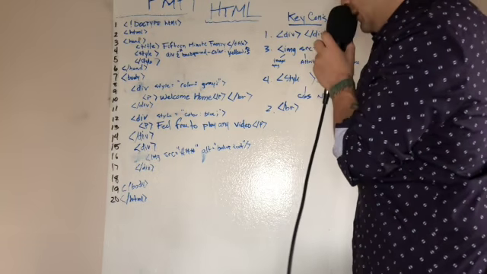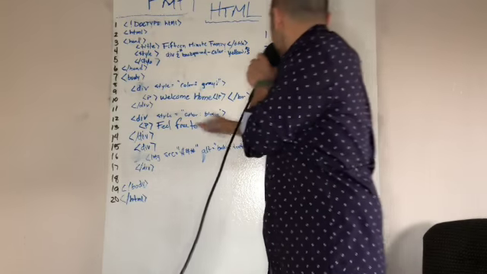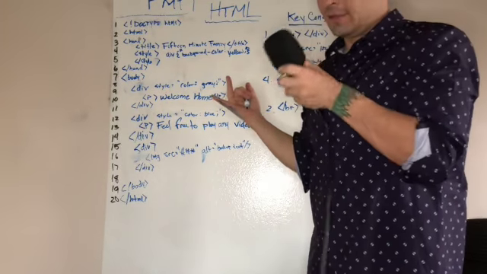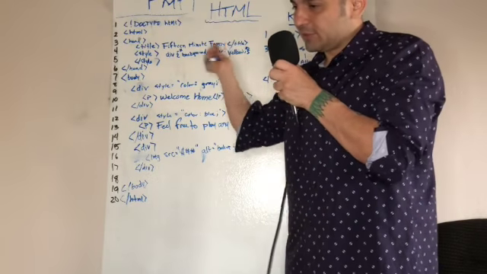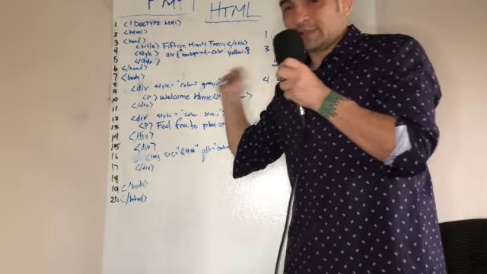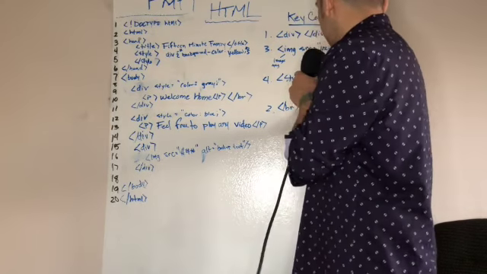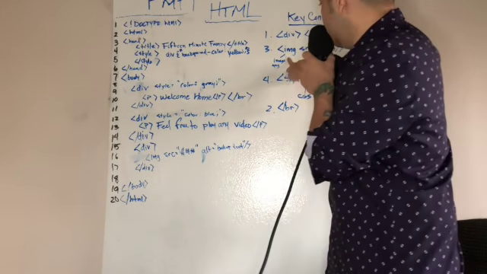Div, keep a div around all your objects. Two, break. Think of it as a return. If you're done in the paragraph, or you have an image and you want something underneath the image, throw a break in there, it's going to get you a new line. It's like returning. Image source. Image is the name of the tag.